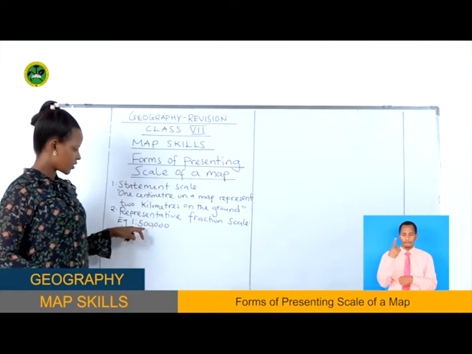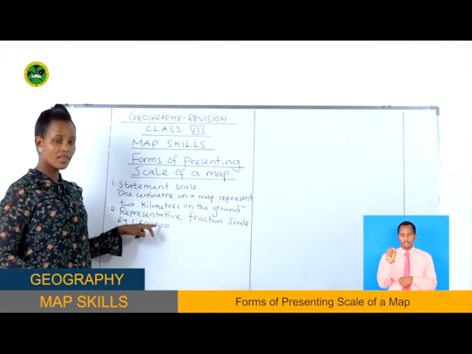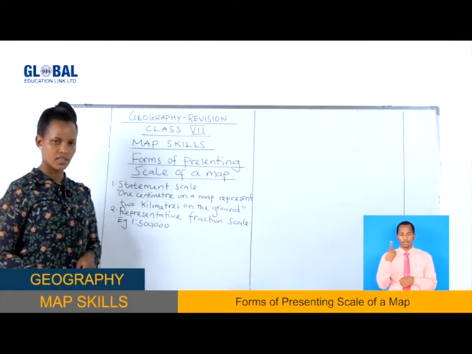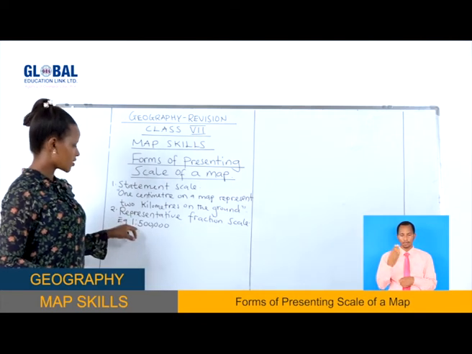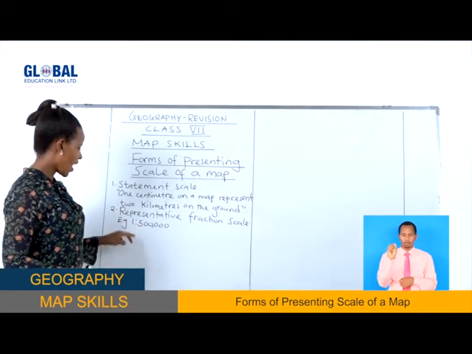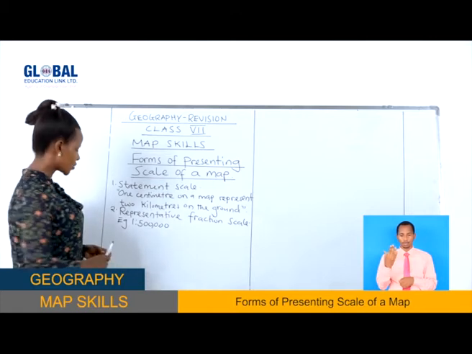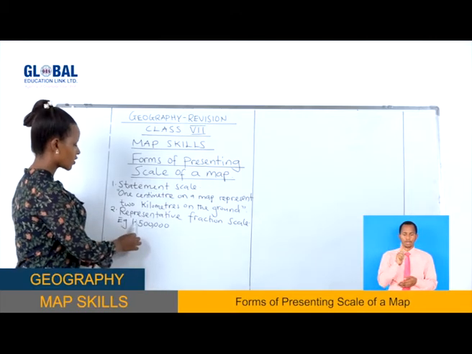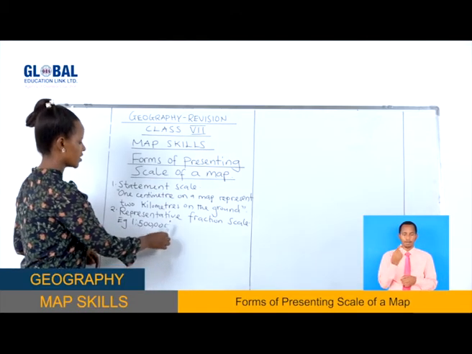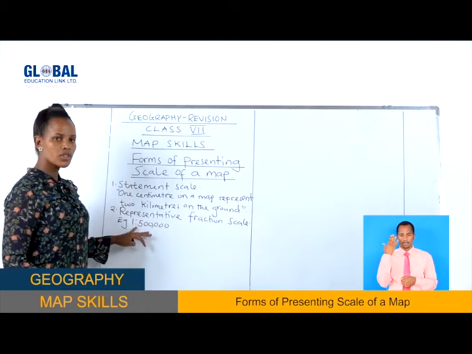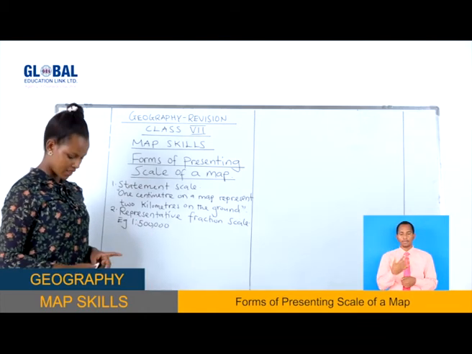One ratio 500,000. This is representative scale as ratio. As you see here, it is 1:500,000. All these units are represented in centimeters.